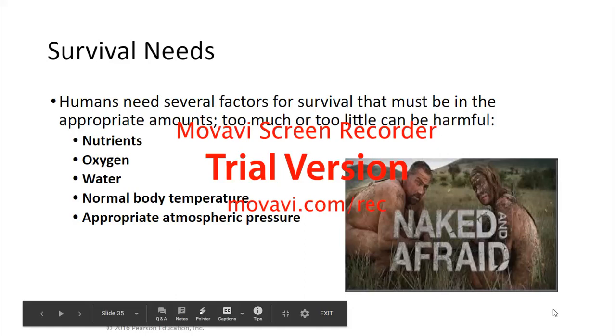And again, atmospheric pressure. We need it for breathing. So if you go up very high above sea level, it becomes more difficult to breathe. That's because as you go up, think about it this way. You don't really think about it, but gas has pressure.